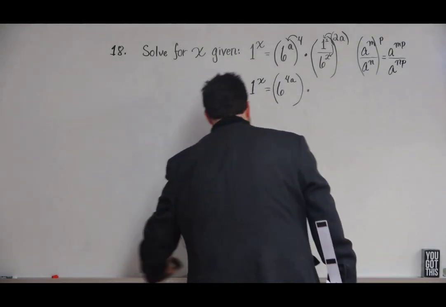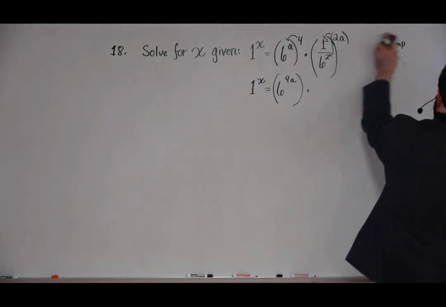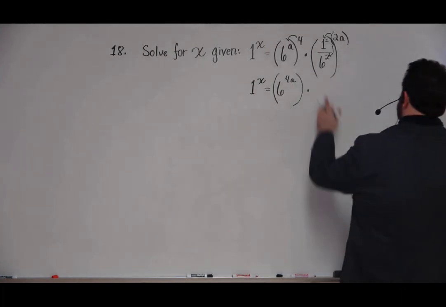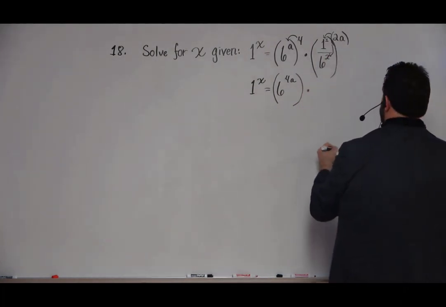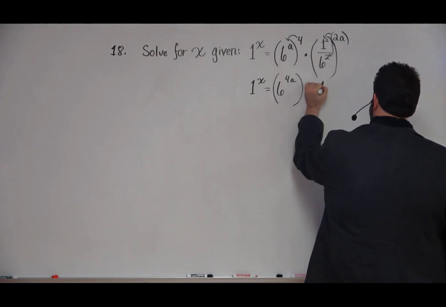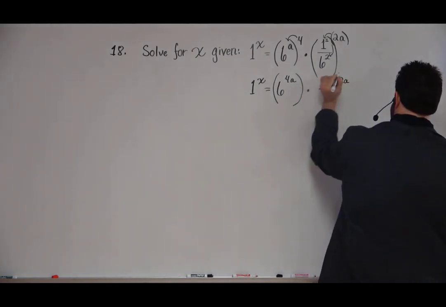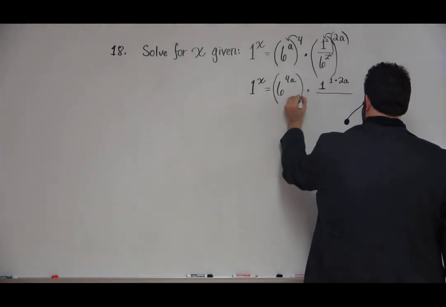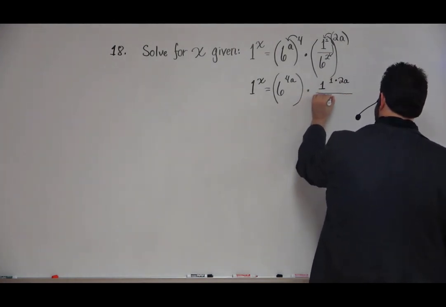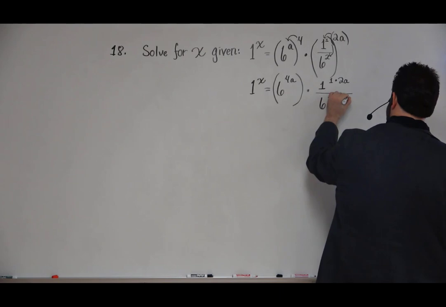So the pattern is just distribute, multiply the exponent. On top we've got 1 to the 1 times 2a over 6 to the 2 times 2a.